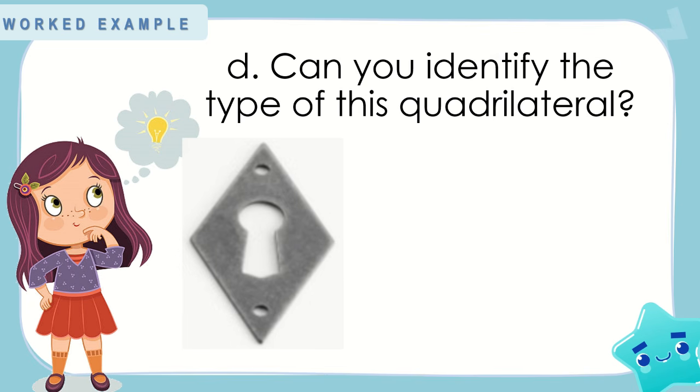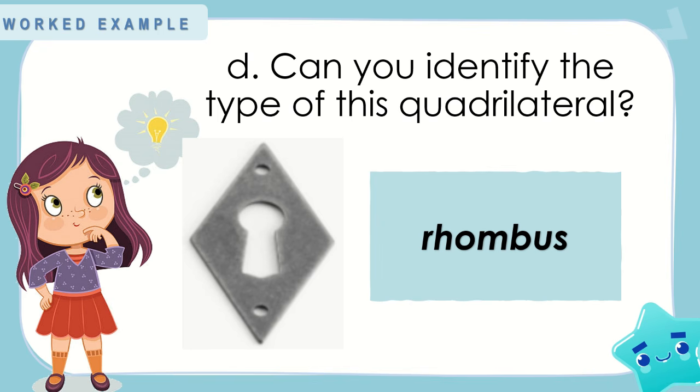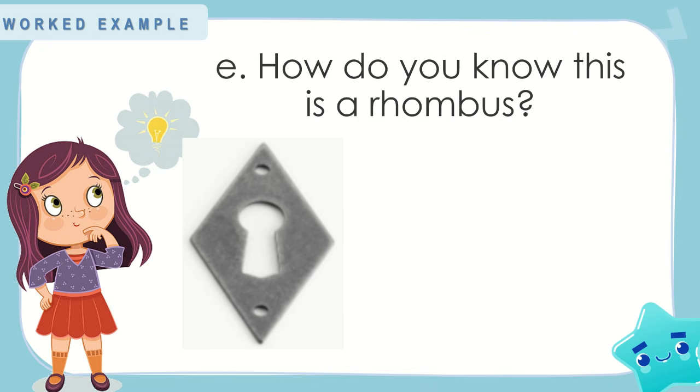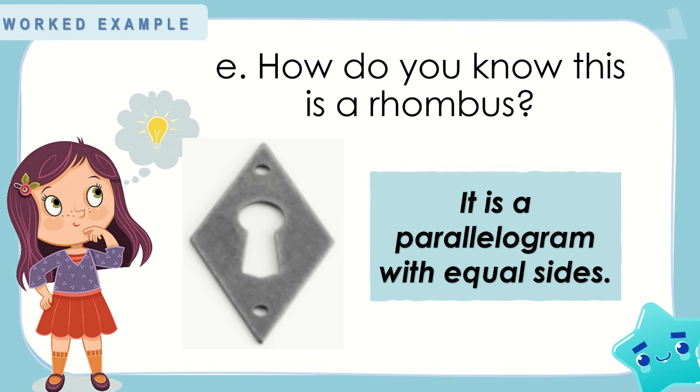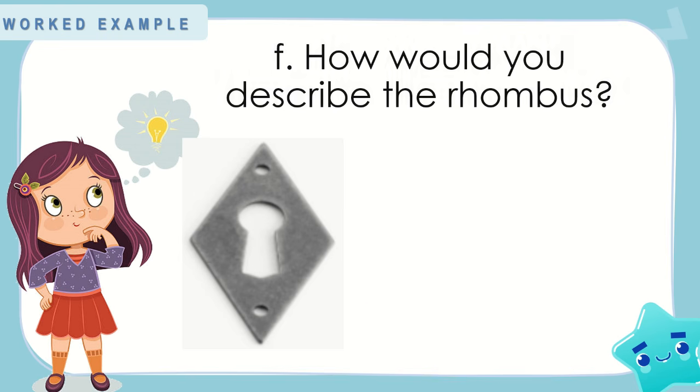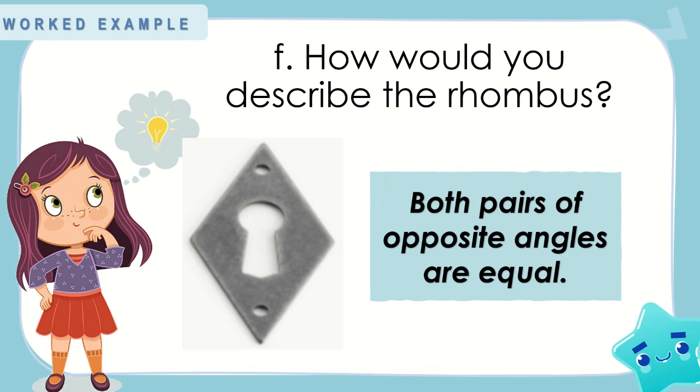Can you identify the type of this quadrilateral? You're right, it is rhombus. How do you know this is a rhombus? It is a parallelogram with equal sides. How would you describe the rhombus? Both pairs of opposite angles are equal.